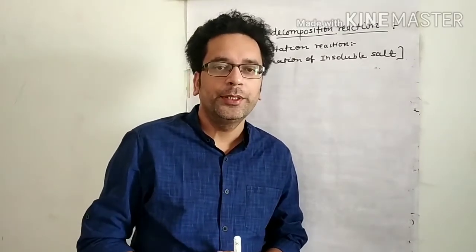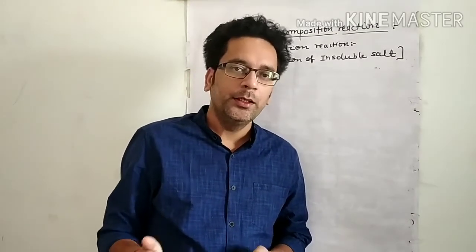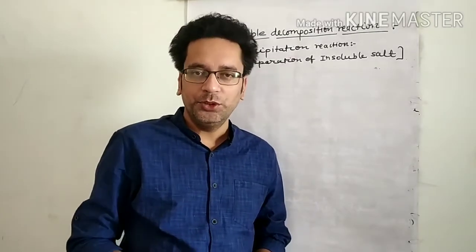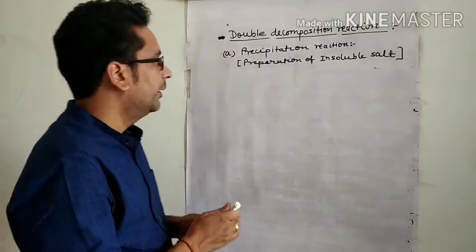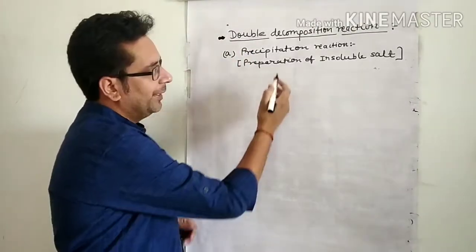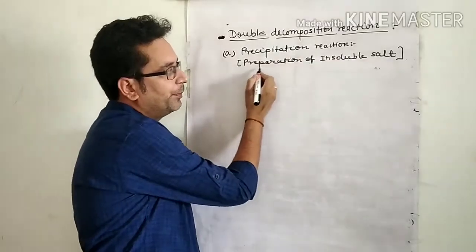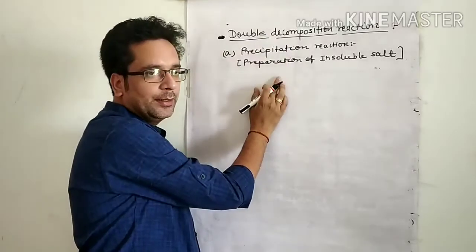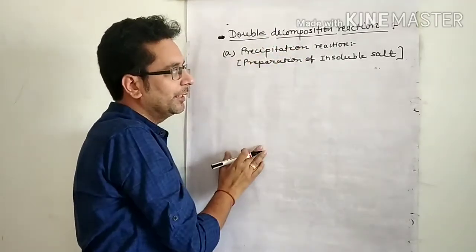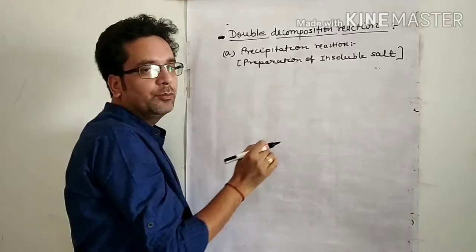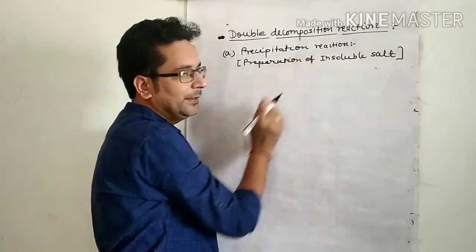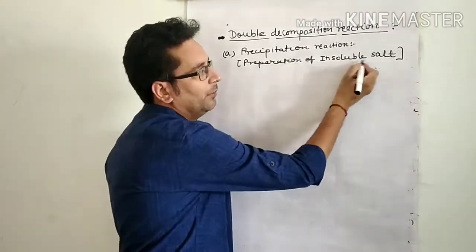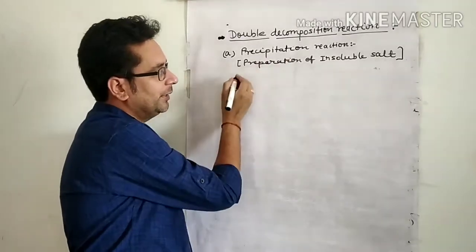Now I am going to give some examples of precipitation reaction. Precipitation reactions are a type of double decomposition reaction. Now look here, precipitation reaction for preparation of insoluble salt. By this method, with the help of precipitation reaction, we can prepare insoluble salt. What is precipitation reaction?